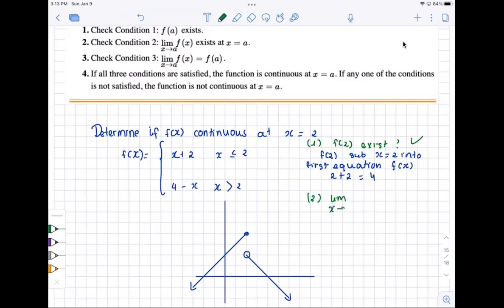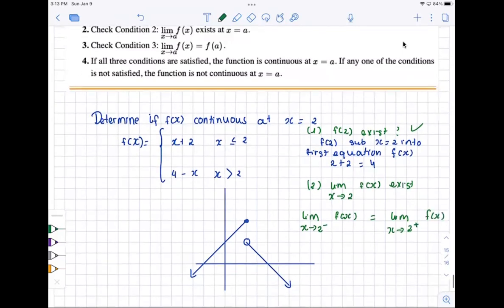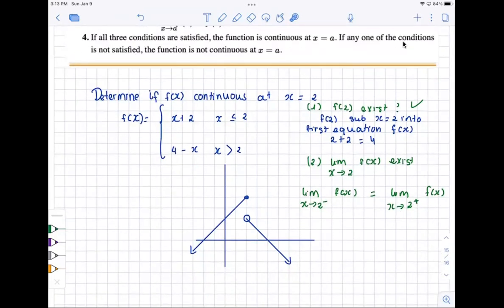For the limit to exist at 2, the left-hand limit has to be equal to the right-hand limit.